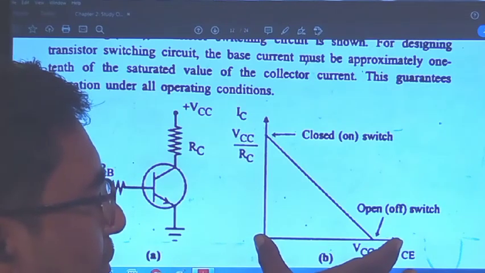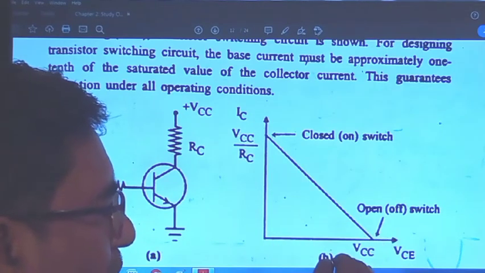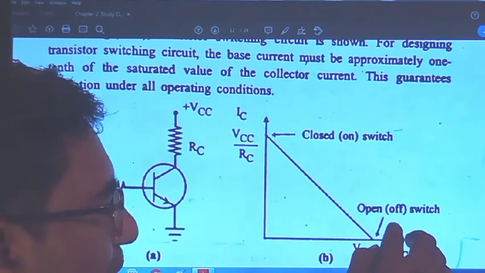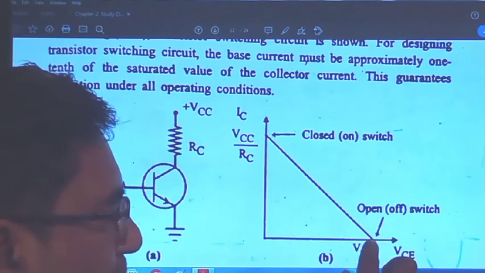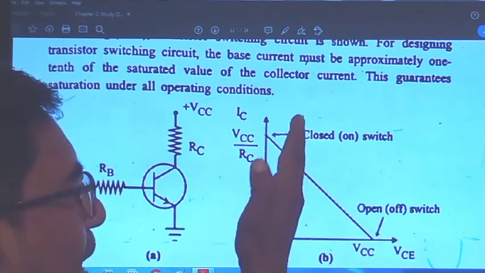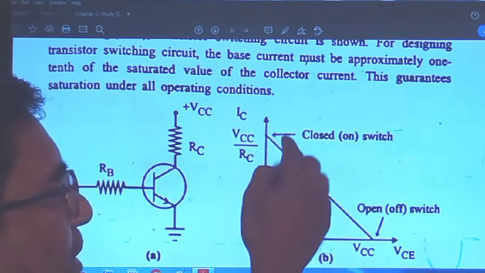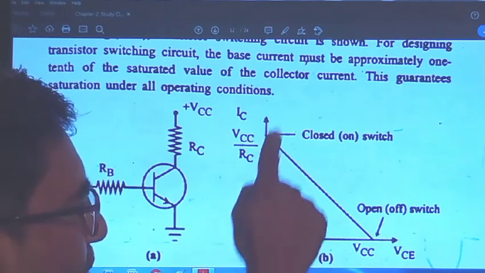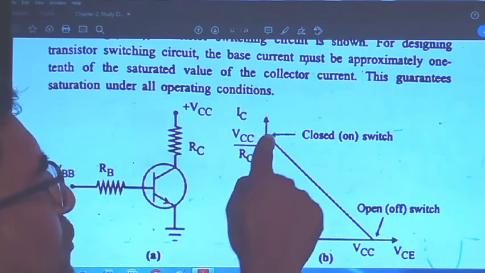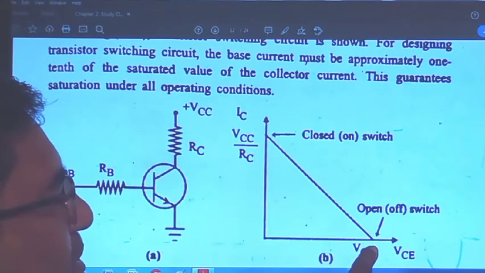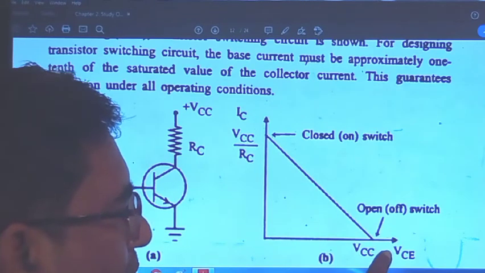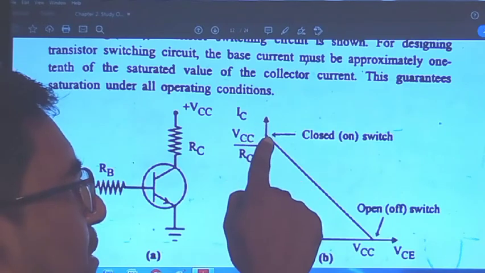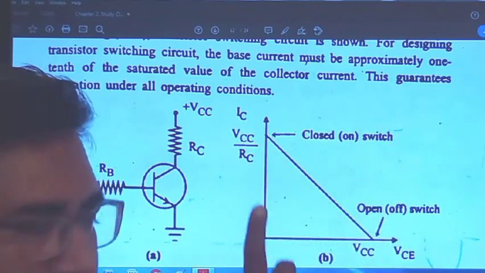Now, just below the axis and just above the IB value, whatever we are getting, this region is the cutoff region, and the line after the last active region is considered as saturation. So here mark the 2 points in such a way that in cutoff it is an open switch and in saturation it is a closed switch.